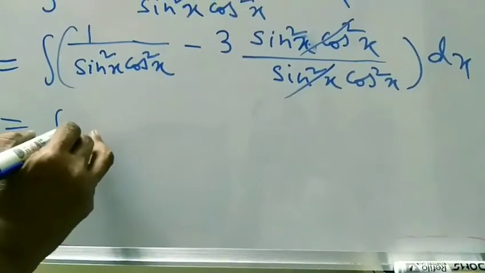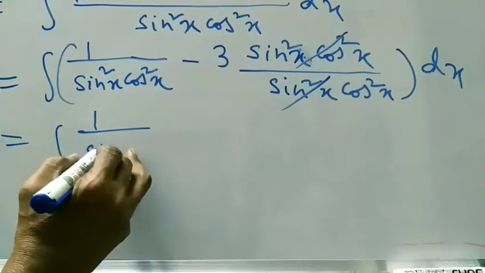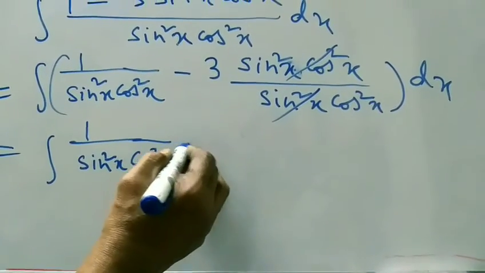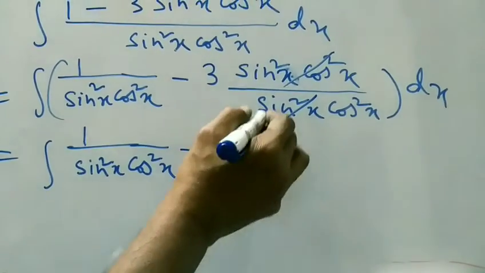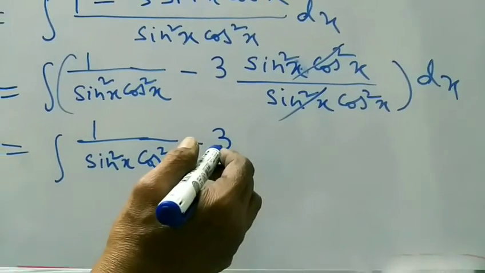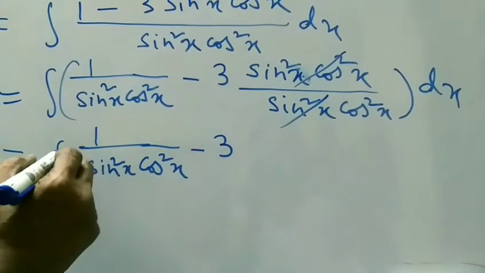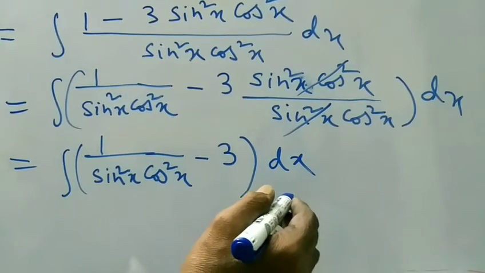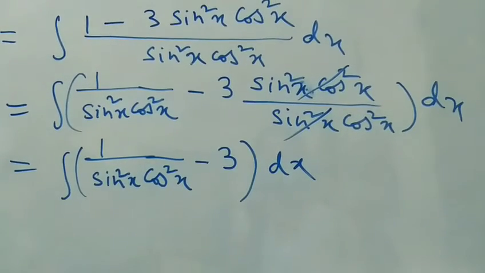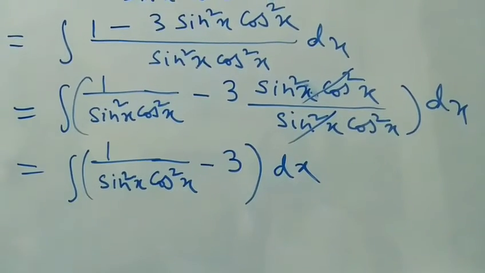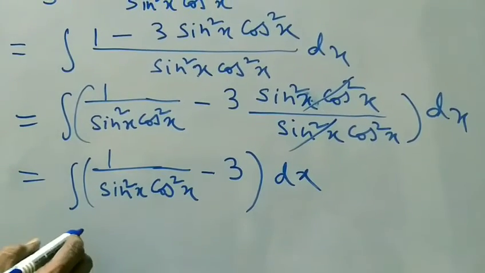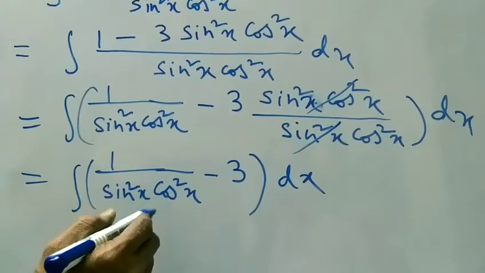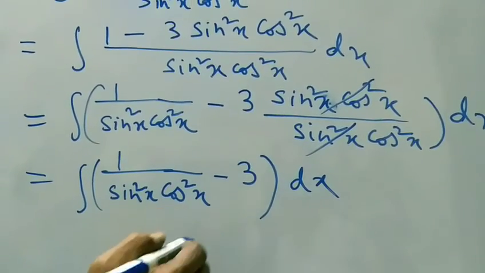It becomes the integral of 1 by sin square x into cos square x minus 3 into 1, which is 3 only, whole dx.